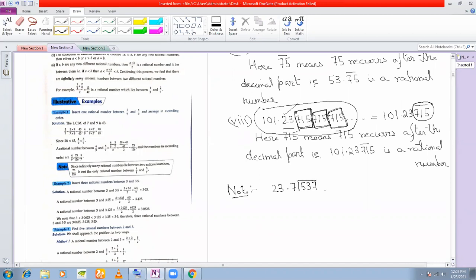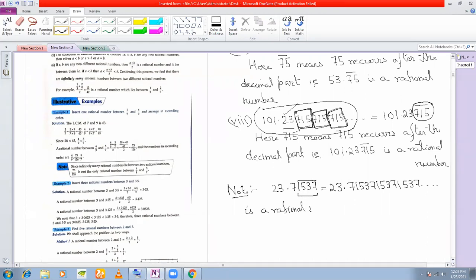Is this rational or irrational? This is a rational number because only this part is recurring. 23.71 is not recurring. Only 1537 is recurring. These 4 digits are recurring, 1537, 1537, and you can continue in this manner. So the last 4 digits here are recurring. That means it is a rational number.